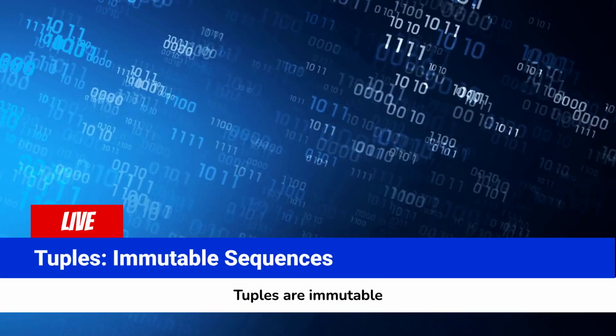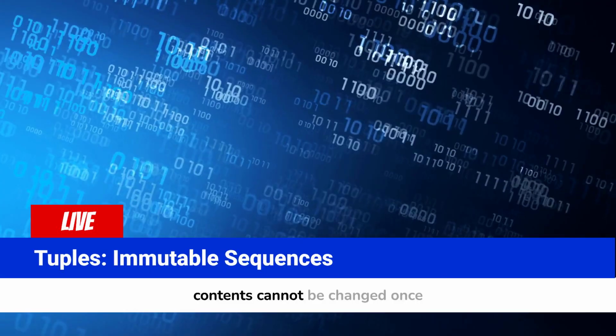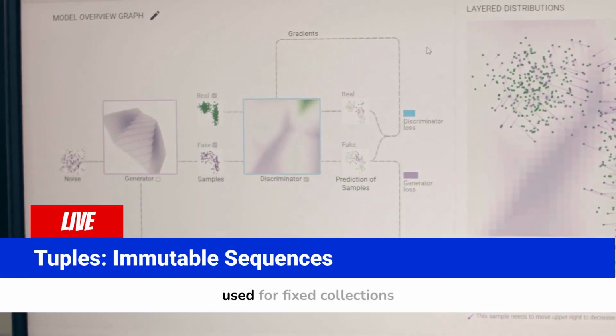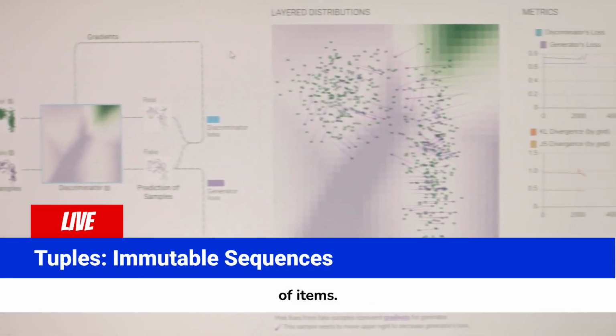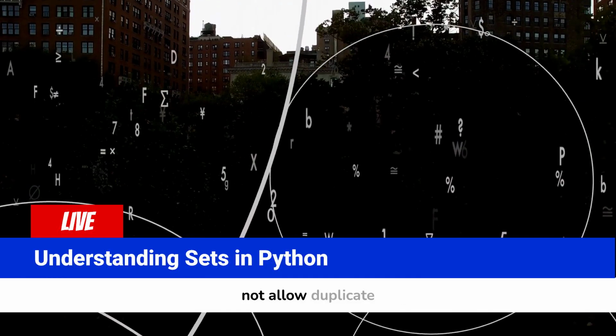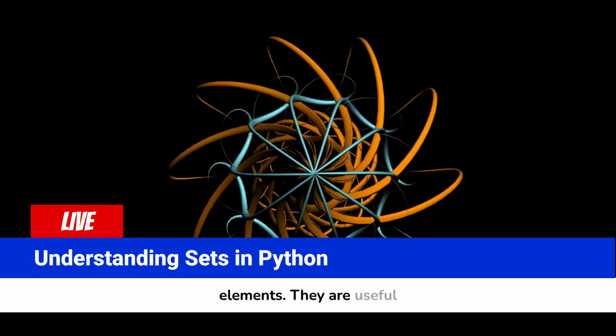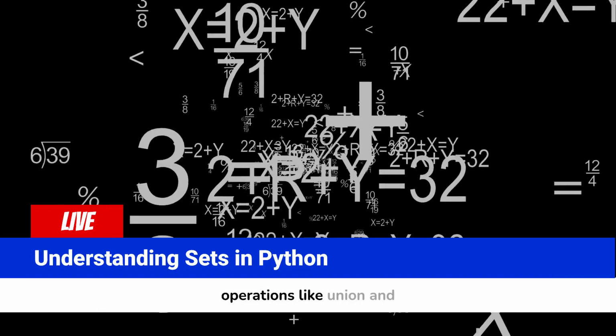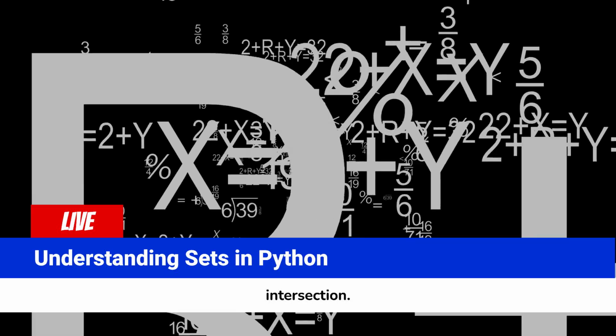Tuples are immutable sequences, meaning their contents cannot be changed once defined. They are also ordered and are often used for fixed collections of items. Sets are unordered collections that do not allow duplicate elements. They are useful for membership testing and mathematical set operations like union and intersection.